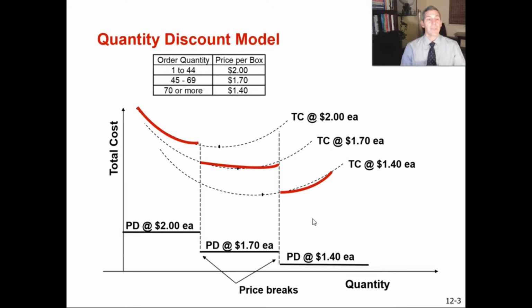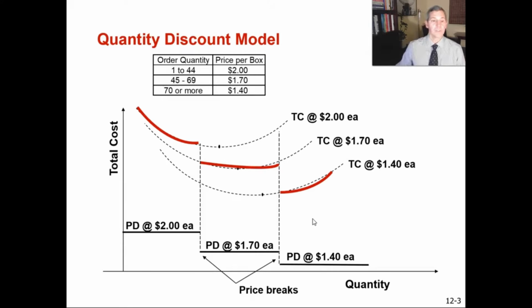So you can see in this example, if you order 1 to 44 pieces, you're going to pay $2 per box. If you order 45 items at a time and up to 69, you're going to pay $1.70 per box. If you order 70 pieces or more, or 70 boxes or more, it's going to cost you $1.40 per box. This is a very realistic example because organizations try to incentivize you to buy more.